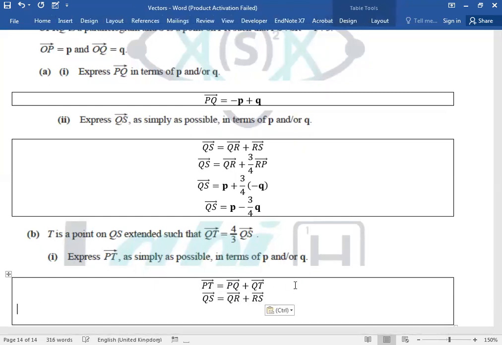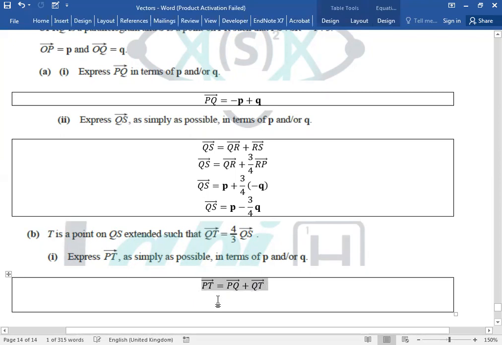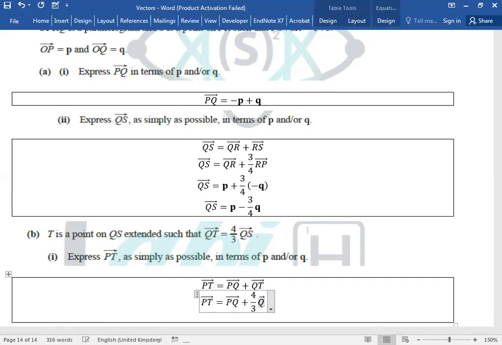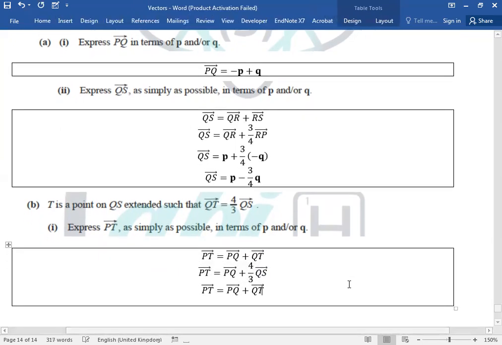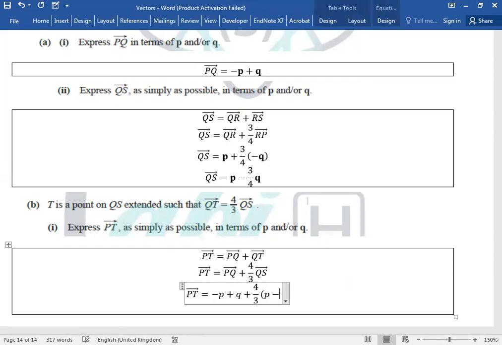Is that right? QT की जगह can I write 4/3 of QS? PQ कितना था? We already figured that out, right? Minus P plus Q plus 4/3 of P minus 3/4 of Q.